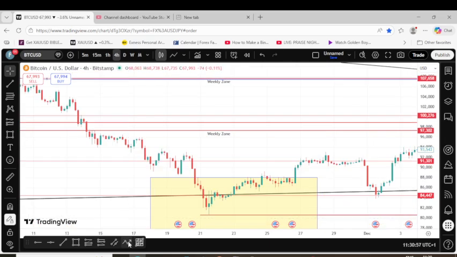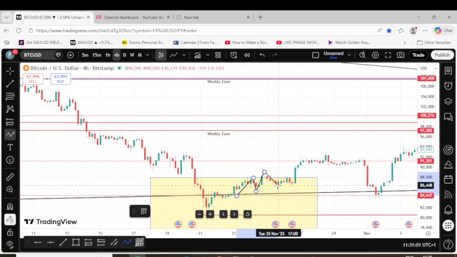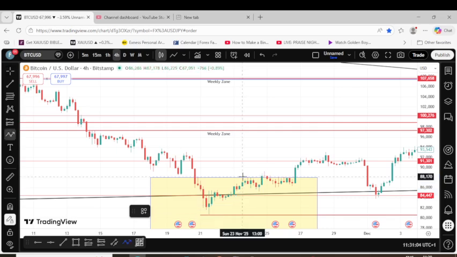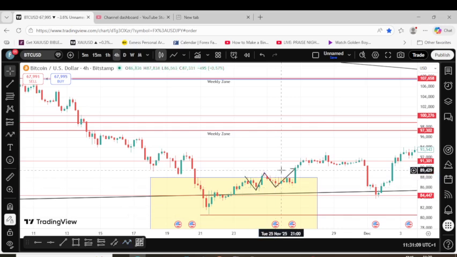So for one, first of all, although it's not the best W I've ever seen, we have a W here like this. Technically, there's even a smaller W here like this inside of it.